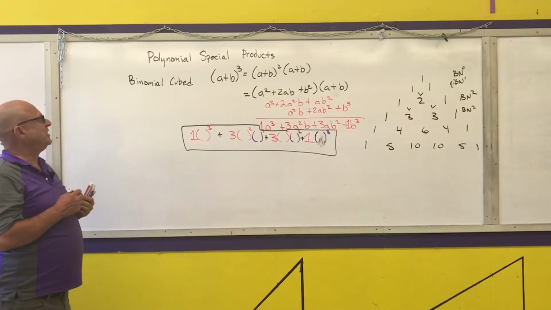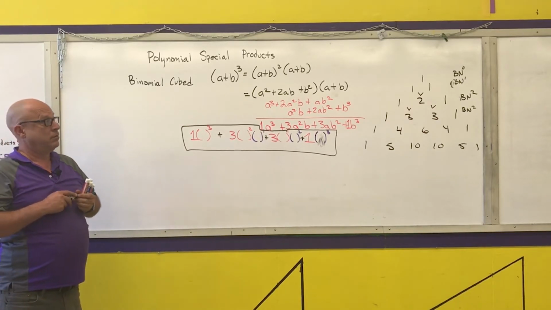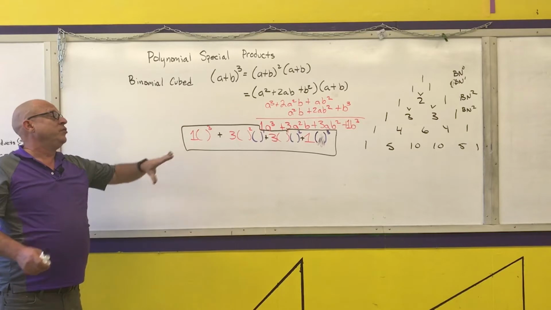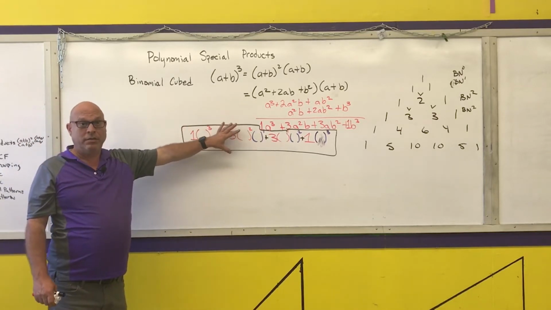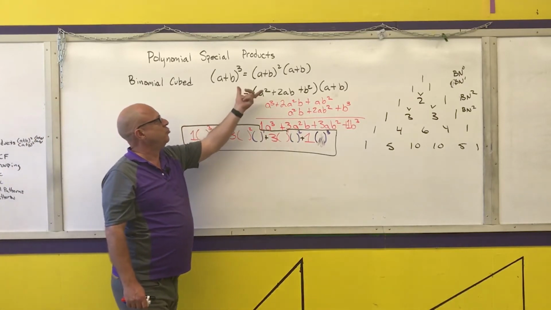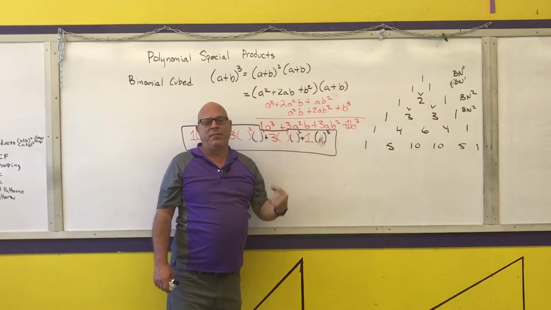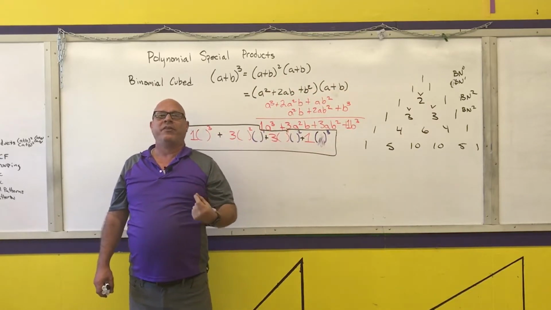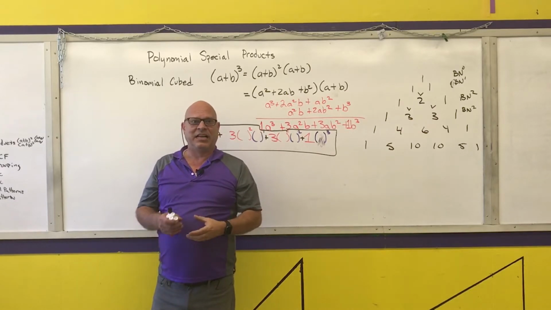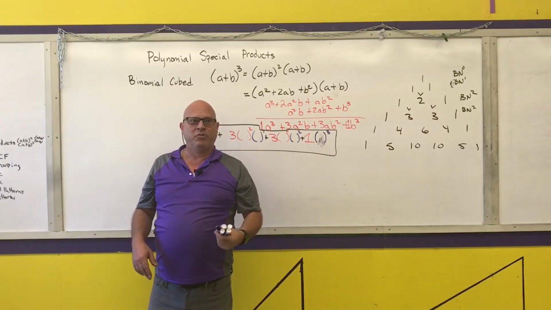I'm going to do 2 examples of cubing a binomial. If you cannot do this pattern, I have no problems with you rewriting it like this and then using the distributive property to come up with the cubing. However, it's going to take a lot of extra time for you to do it that way.